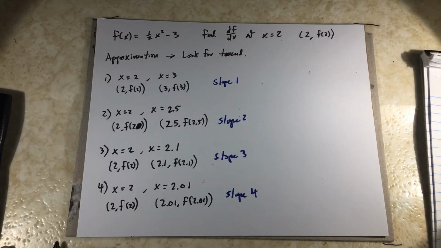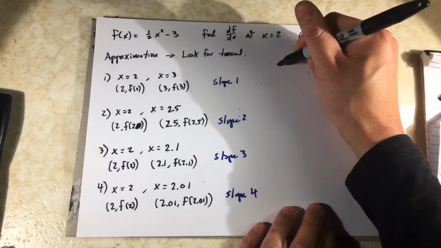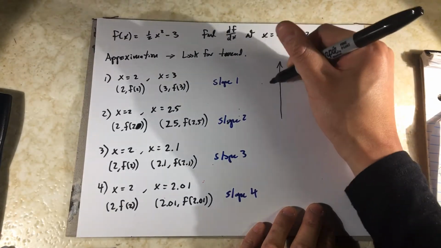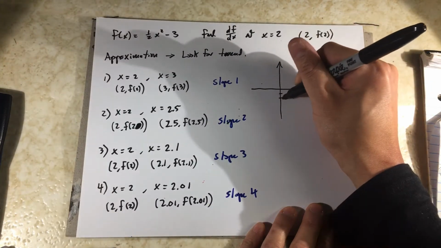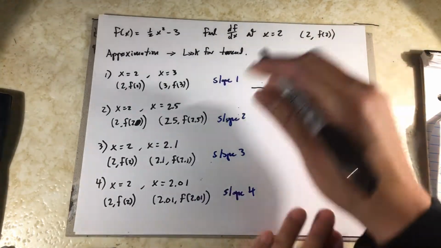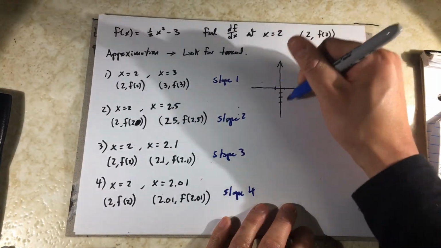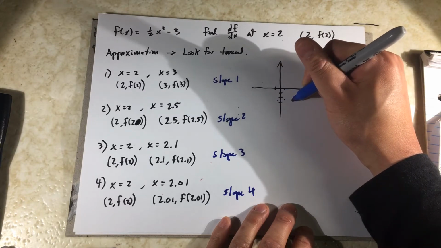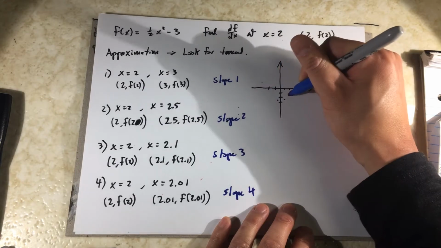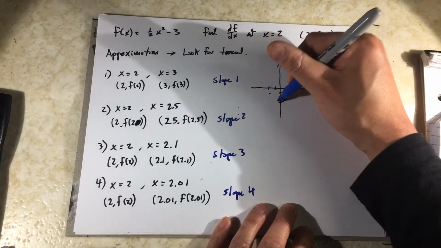So graphically, what that looks like is, I'm not going to draw this real carefully at this point, but our graph is going to look something like this. I guess I'm going to draw it sort of carefully. So our graph is going to look something like this.